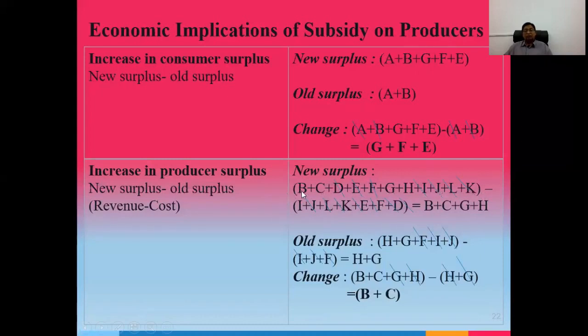Producer's income is given by the area of B, C, D, E, F, G, H, I, J, K, L. Then variable cost of production, I, J, K, L, K, E, F, D. Then when you cancel out positive terms with negative terms, you will get B, C, G, H. That is the new producer surplus.